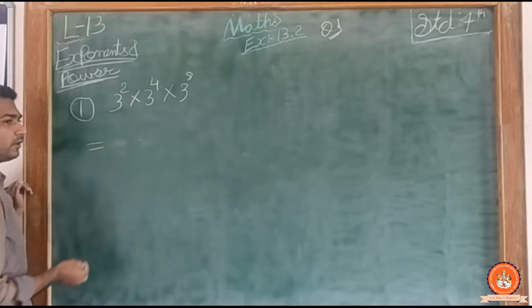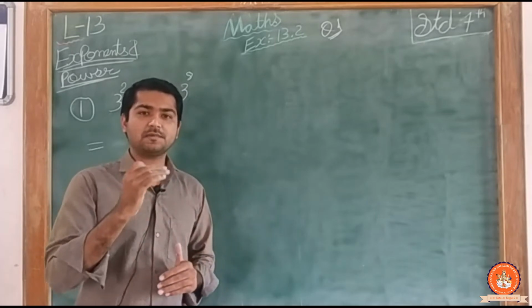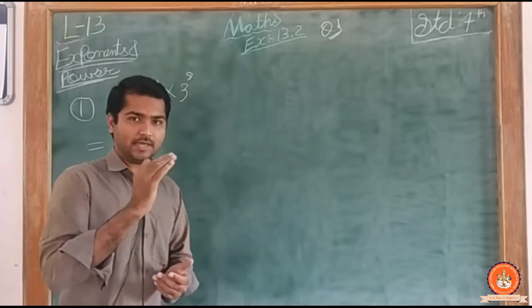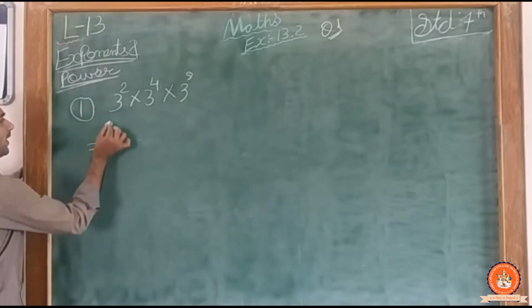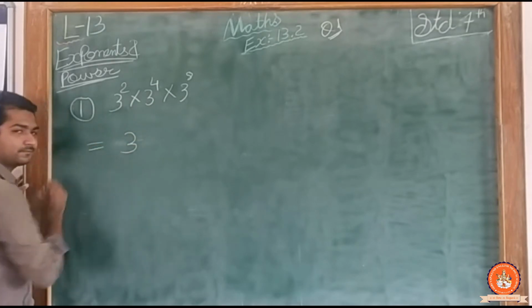As I told you in the last video, the formula a raised to m multiplied by a raised to n will be a raised to m plus n. Here my bases are the same, so I will write 3 directly.